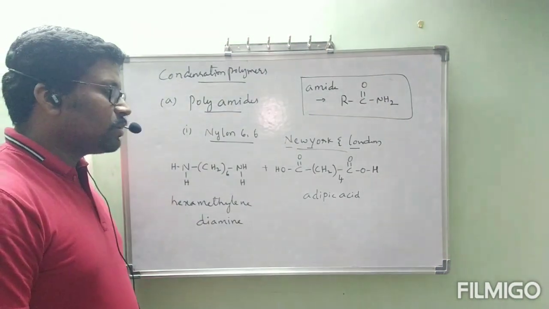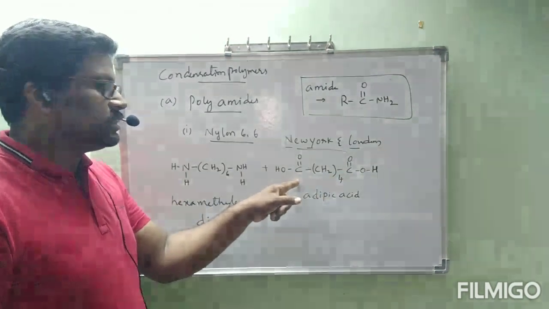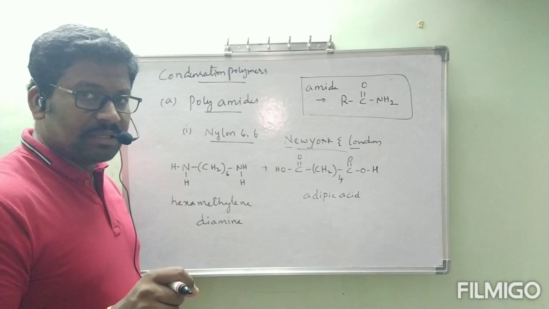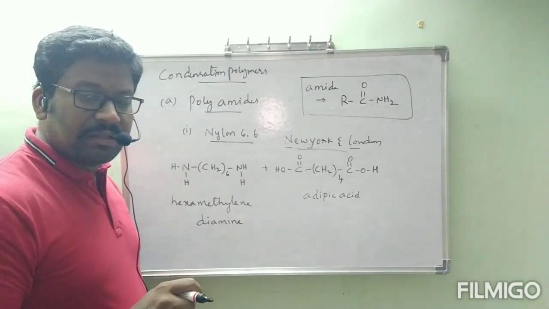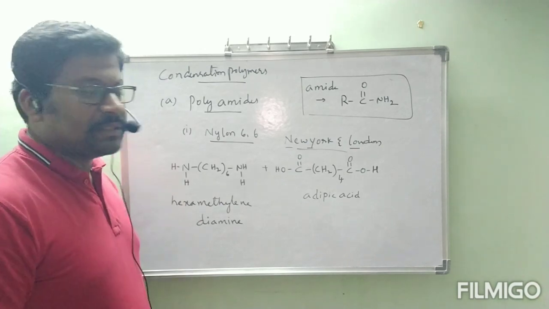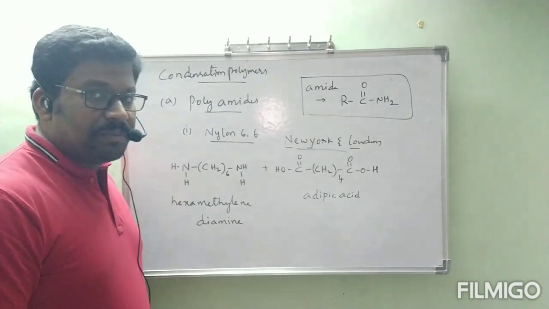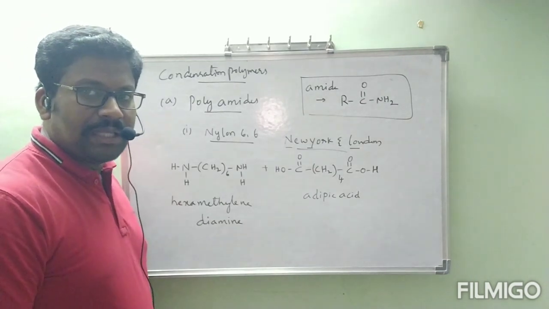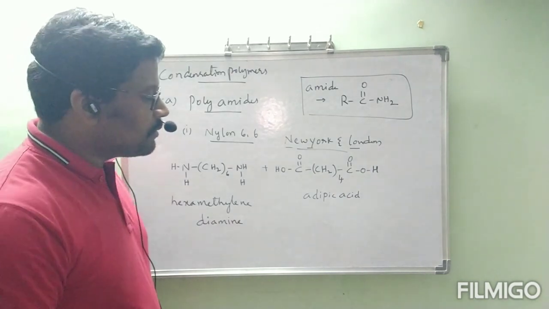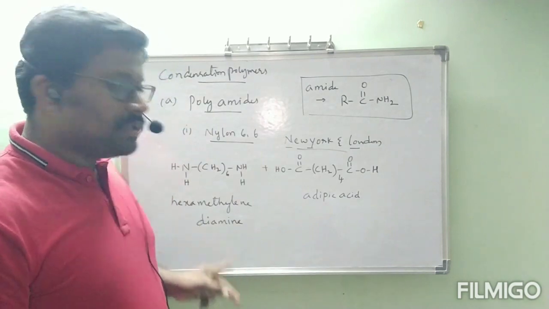IUPAC name: total number of carbons, 1, 2, 3, 4, 5, 6, 6 carbons, hexane. On which positions are the oic acid groups? 1, 6. Hexane 1,6 dioic acid. It is the IUPAC name of this compound, but in this chapter these IUPAC names are not required. Okay, you can remember these common names, it is enough: adipic acid and hexamethylene diamine.